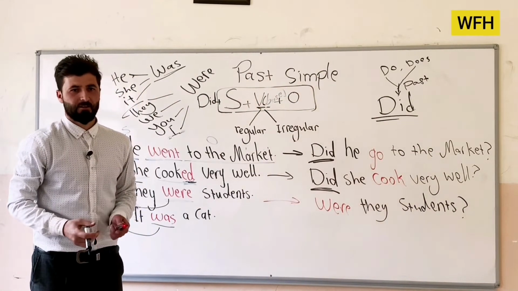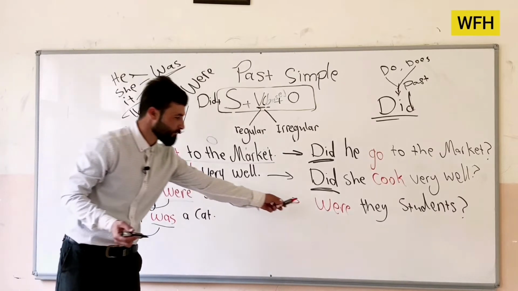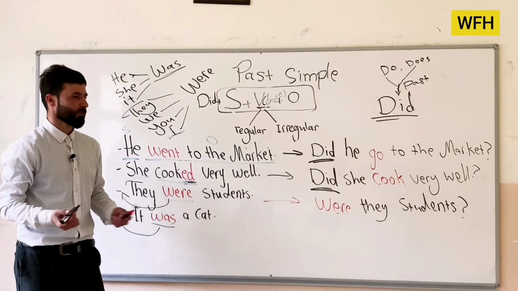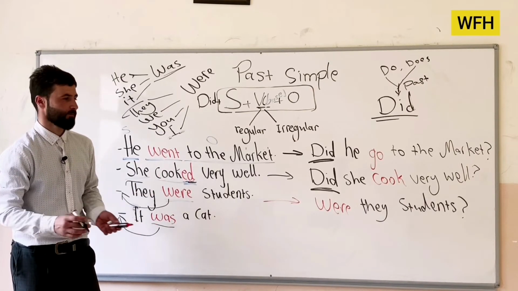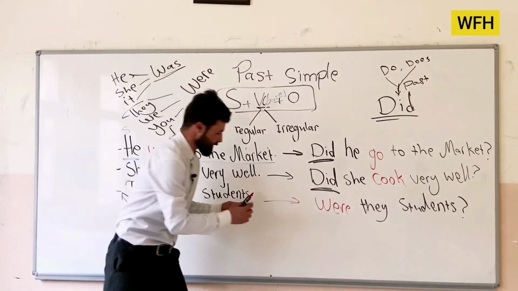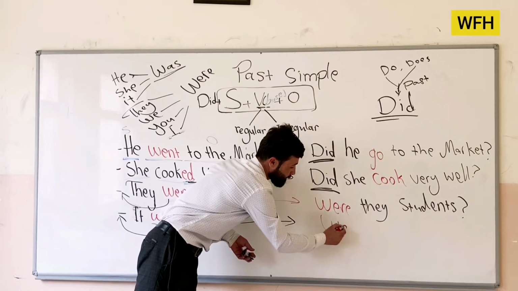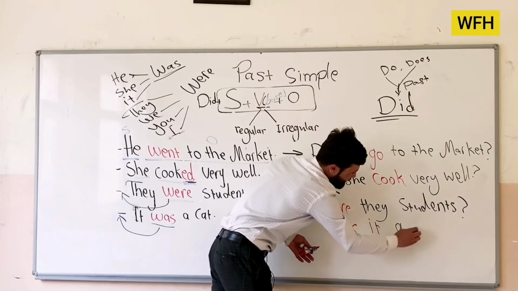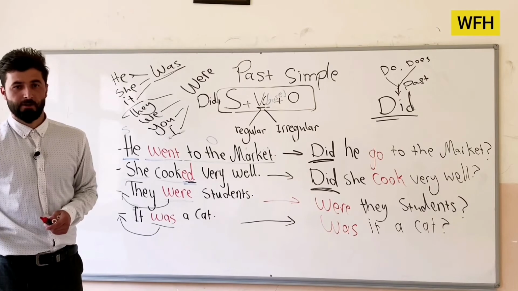We don't need the verb did here. Why? Because we have the verb to be, were, itself in the example, so that's why we don't need to use the auxiliary verb did. Or we have was: It was a cat. You will say: Was it a cat? Yes, it was.